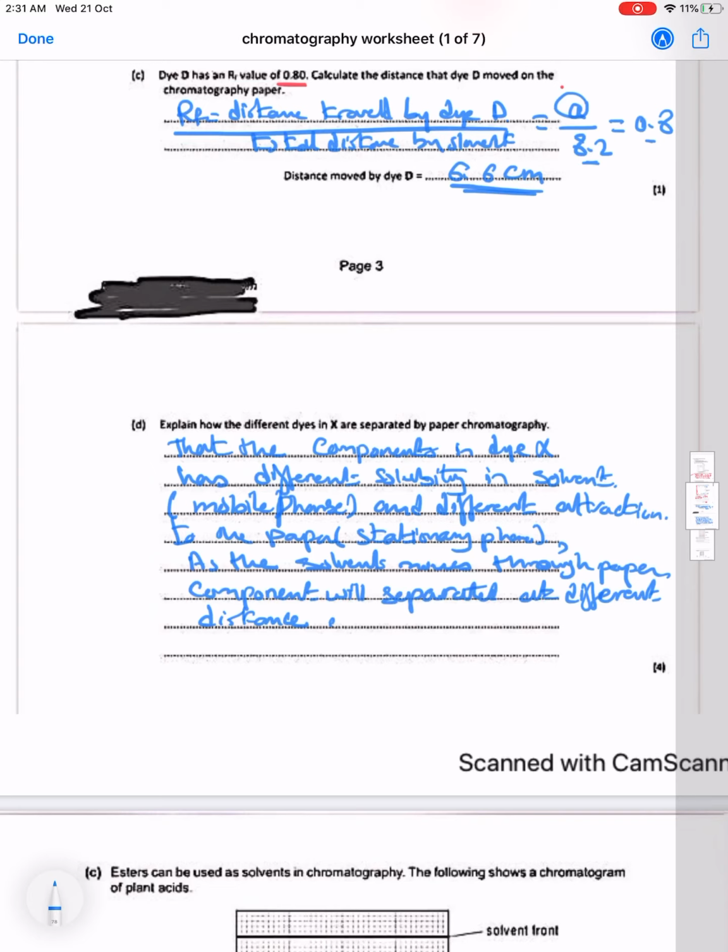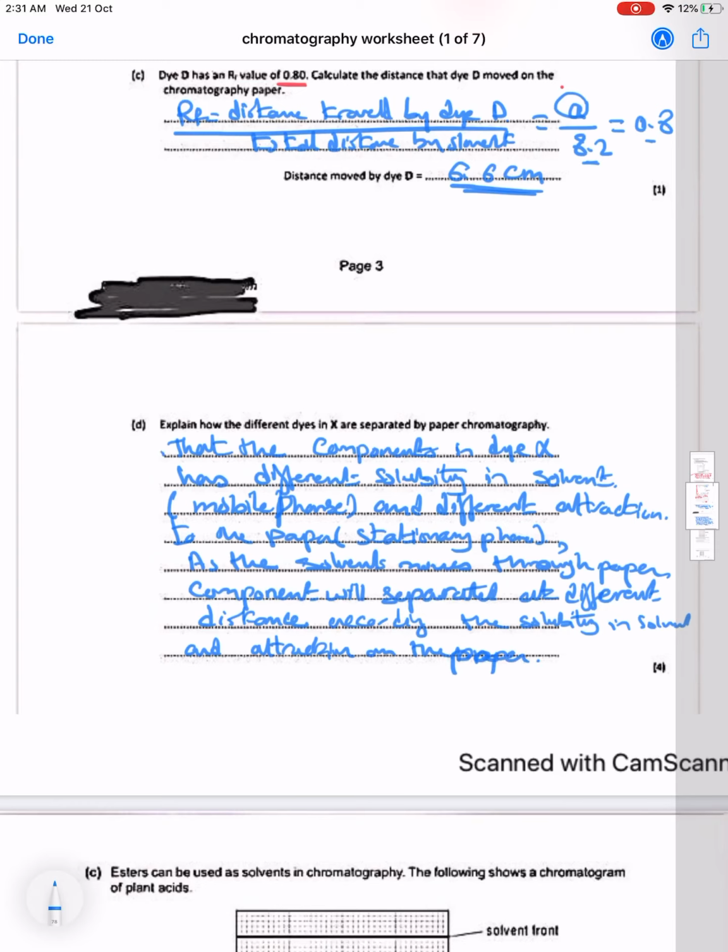Okay, I'm going to add that as well. So, according to the solubility in the solvent, and as we mentioned before, the attraction on the paper. This is really the difference, or how the technique of chromatography works. This has 4 marks.